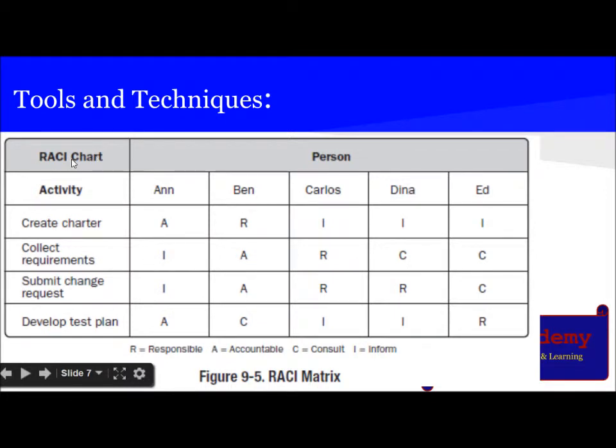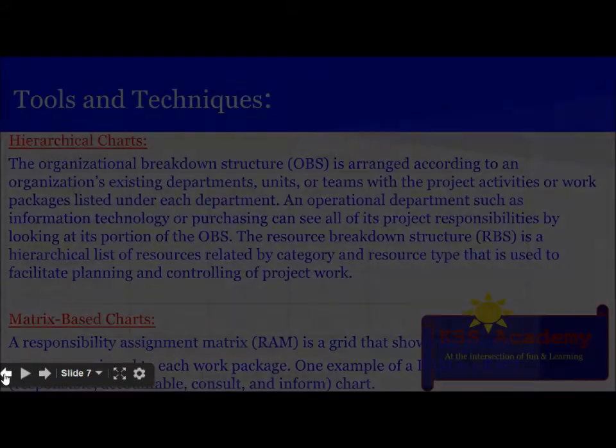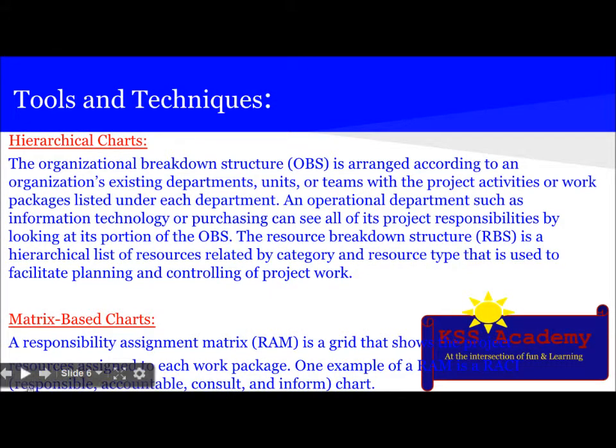Note that we assign each of the stakeholders based on who is responsible for what, who is accountable for what, who should we consult for a particular thing, and who should we inform. Note that the accountable is only one person, it cannot be two.